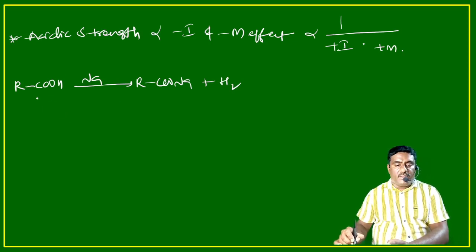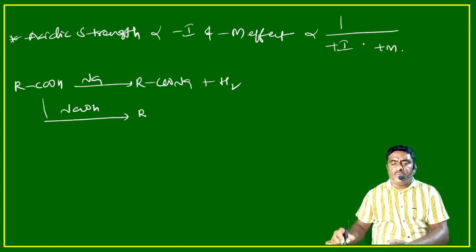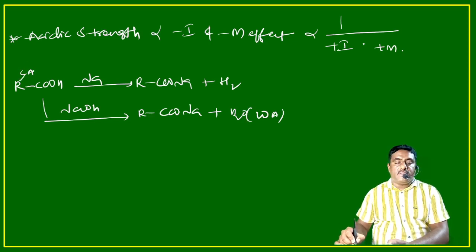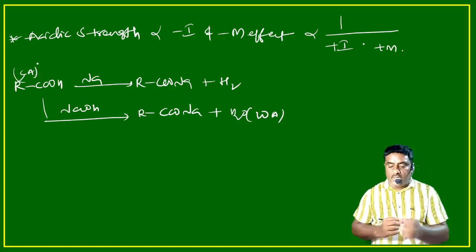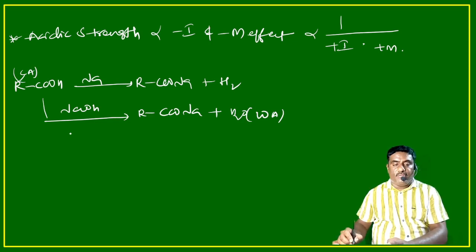If carboxylic acid reacts with sodium hydroxide, it forms RCOONa and produces H2O. H2O is a weak acid and carboxylic acid is a strong acid, so the reaction progresses. If carboxylic acid reacts with sodamide, NaNH2, what does it form?